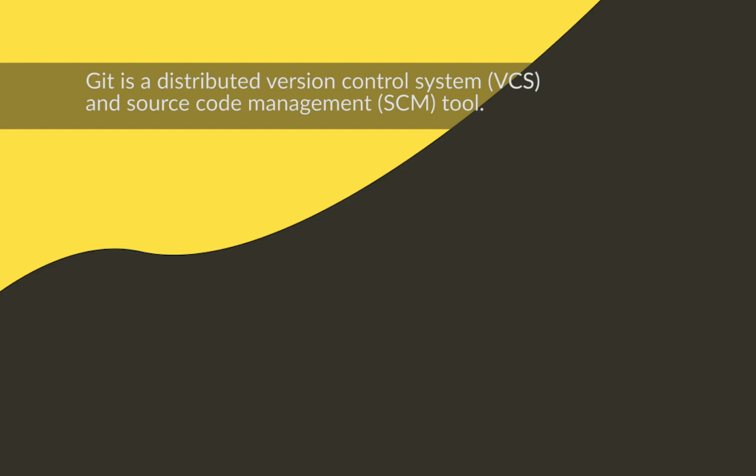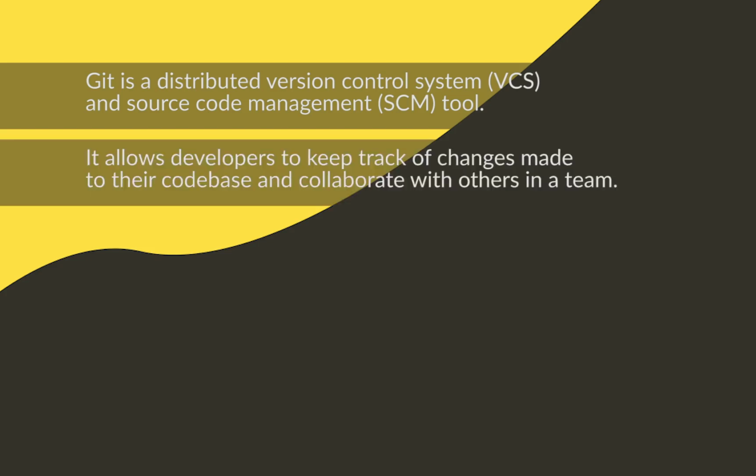Git is a distributed version control system and source code management tool. It allows you to keep track of the changes you make to your code base, and it also allows you to collaborate with other developers in your team.